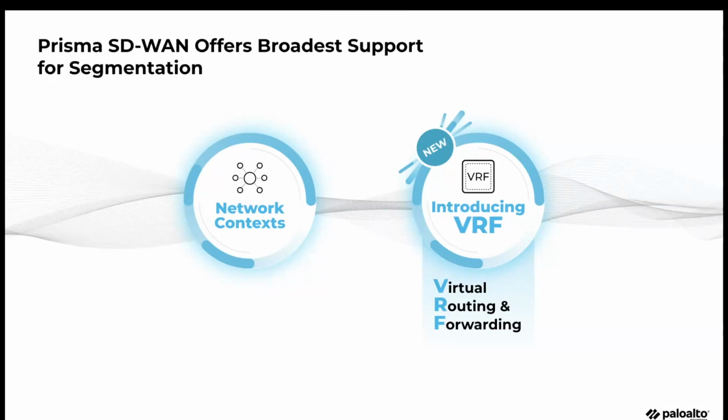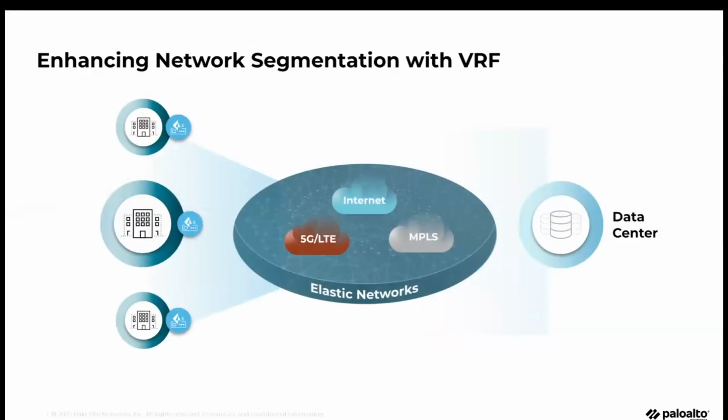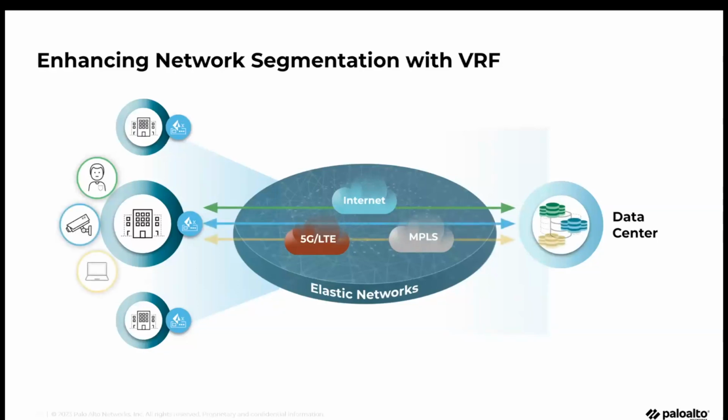So to that purpose, we are now introducing VRF capability in the Prisma SD-WAN deployments, where you can have segmentation. You can define your VRFs on a per interface or sub-interface level at both the branch and data center locations, and we can provide you end-to-end segmentation between branch to data center or branch to branch traffic. And you can also have policies based on those.